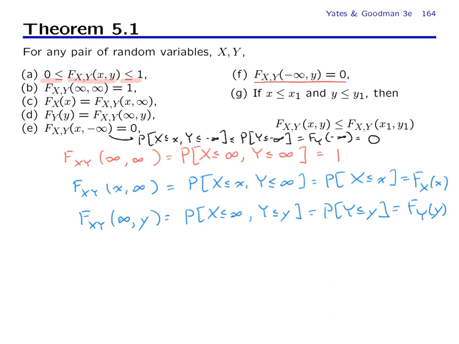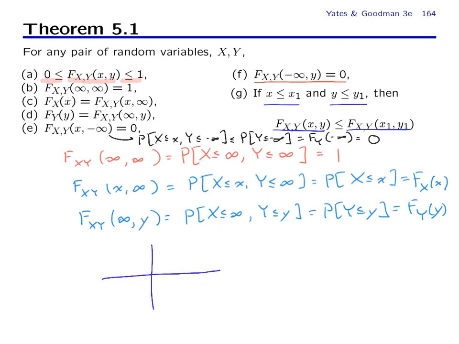And then finally, in property G, we have our last property, and it's that the idea that the CDF is an increasing function is now generalized to two variables. So if x is less than or equal to x1 and y is less than or equal to y1, then the CDF at x and y is less than or equal to the CDF at x1 and y1. The idea here is kind of simple.